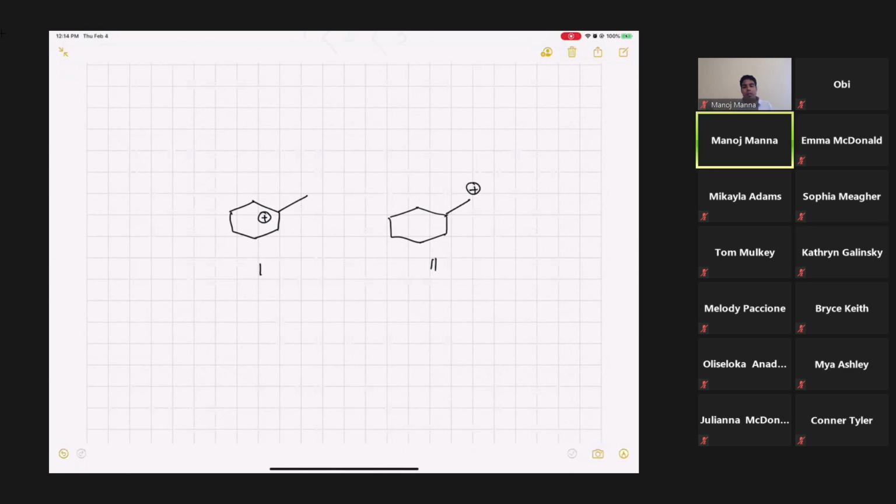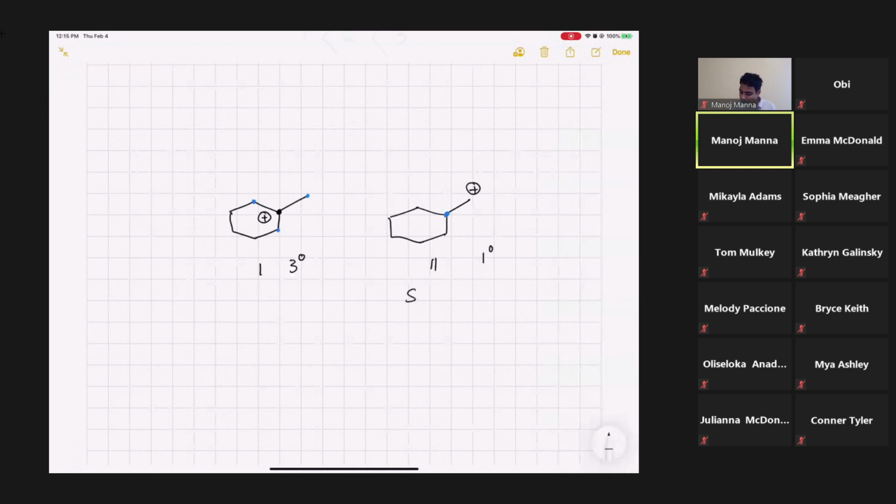That means what is our first target? Our first target is the carbon bearing the positive charge. It is connected to 1 carbon over here, 1 carbon over here, 1 carbon over here. That means this is a 3 degree carbocation. And in the left one, the carbon bearing the positive charge is connected to 1 carbon. That means this will be your 1 degree carbocation.